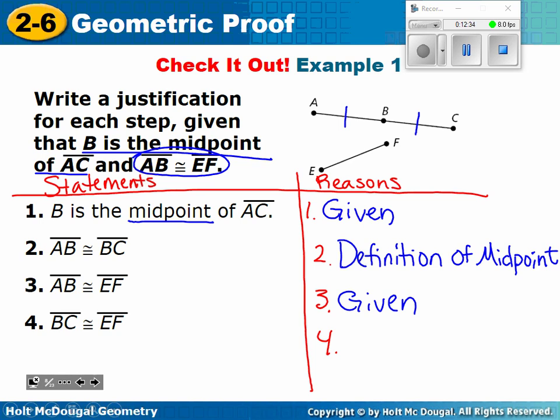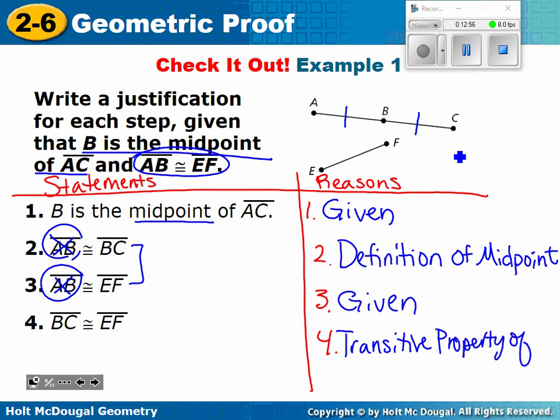Remember we learned yesterday that if you have something congruent to something, I'm going to just circle this, A is congruent to B, and that B, the same thing, is congruent to something different, you can combine those two parts, right? Okay, and it's transitive property of congruence. Making sure that your symbol matches what's in your statement. If it's an equal sign, it's equals. If it's congruent, it's congruent.